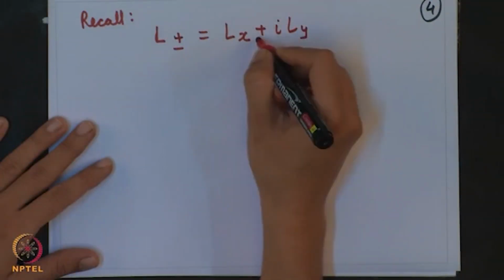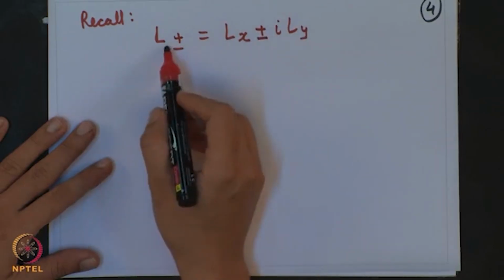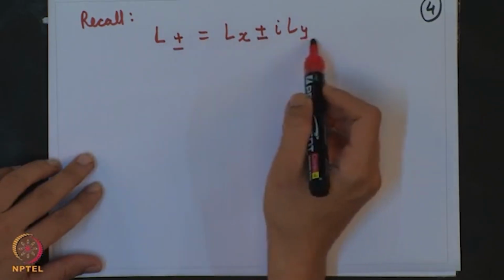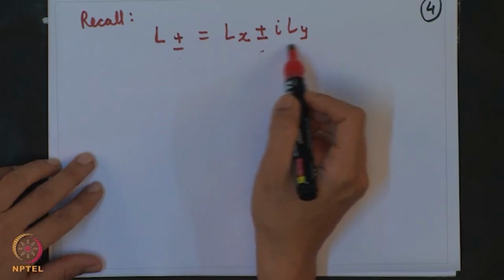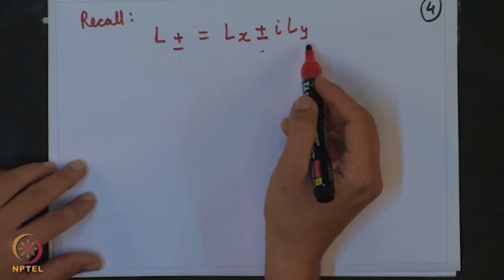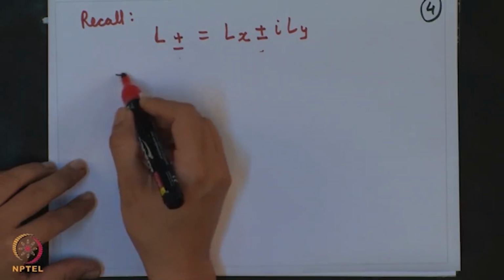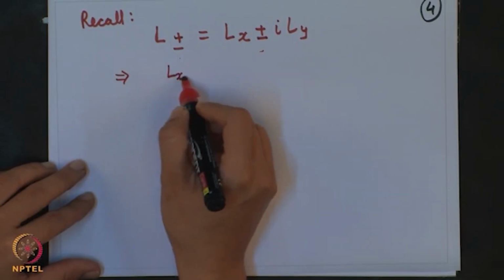So, L plus and L minus by definition are Lx plus or minus i Ly. L plus is Lx plus i Ly, L minus is Lx minus i Ly. From this, what do you infer?